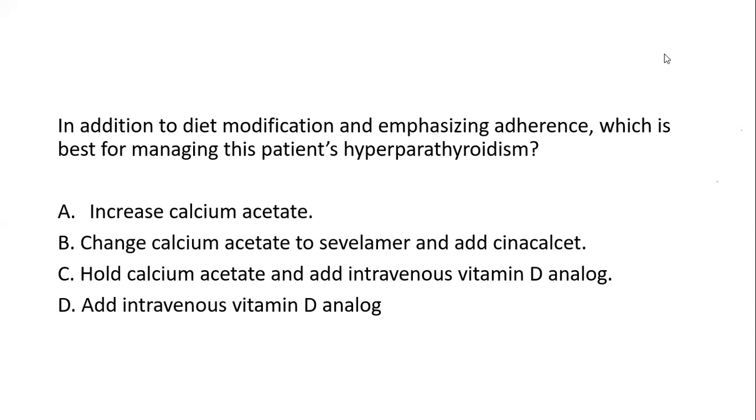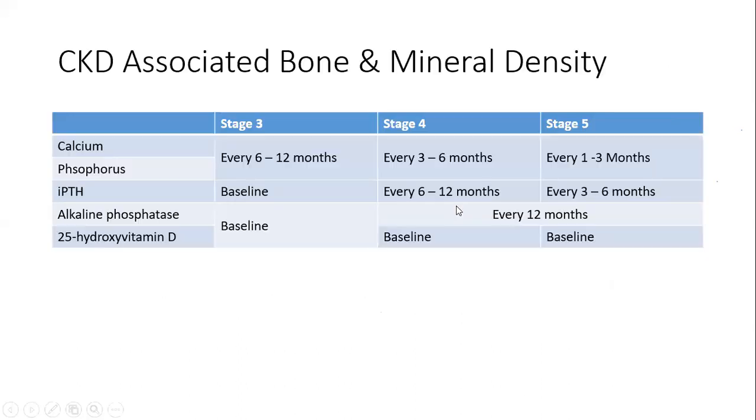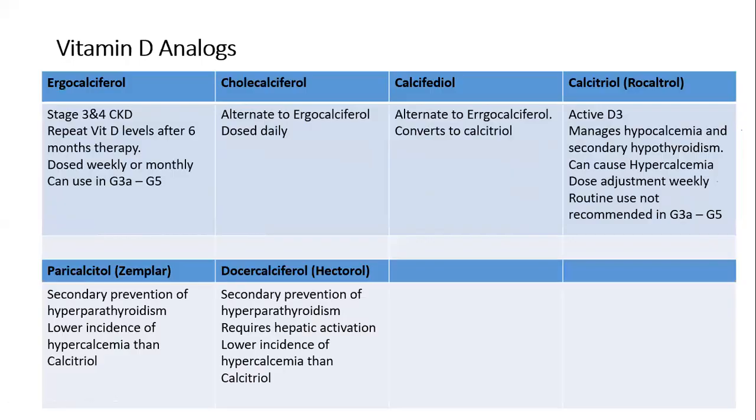Vitamin D is not going to help with hyperphosphatemia, and it's going to worsen the hypercalcemia. But since this patient is hypercalcemic, and we need to control phosphate, we switch to sevelamer, which is the alternate to calcium acetate for patients who are hypercalcemic. And we add a calcimimetic, cinacalcet, which is going to help with the hyperphosphatemia also.